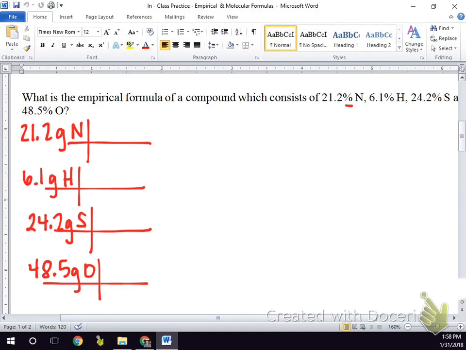Okay, and we're going to convert each of those to moles. So for all of those, all we're doing is dividing by their molar mass. Okay, so grams of nitrogen needs to go on the bottom. So go ahead and work however fast or slow you need to here. Just check the board if you have questions.